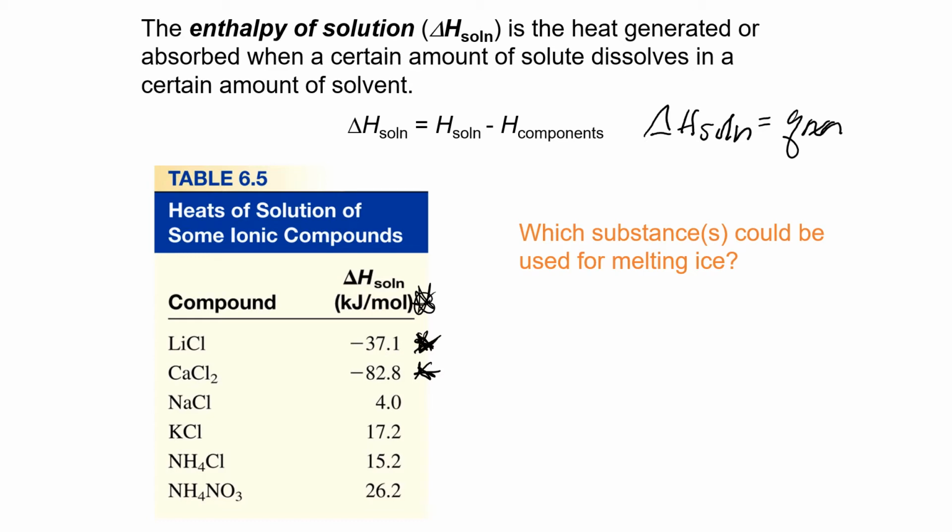Obviously, calcium chloride is going to be better at it. It's got a higher delta H than the lithium chloride. How about substances that could be used for a cold pack? Here we want a substance that's going to absorb thermal energy, cooling, and that would be ammonium nitrate. It's got the most positive delta H of solution here.